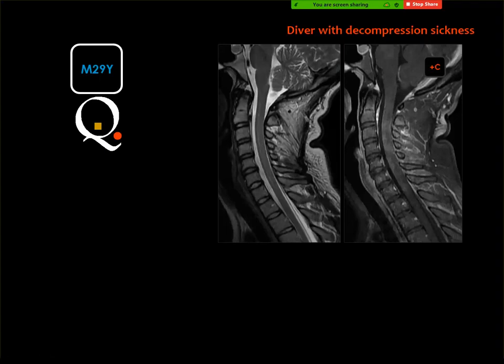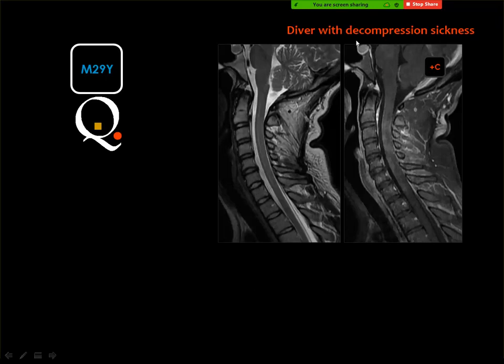Transverse myelitis. Okay, the history is a diver with decompression sickness. Transverse myelitis actually is not a diagnosis. It is a descriptive term of an abnormal signal within the substance of the spinal cord.